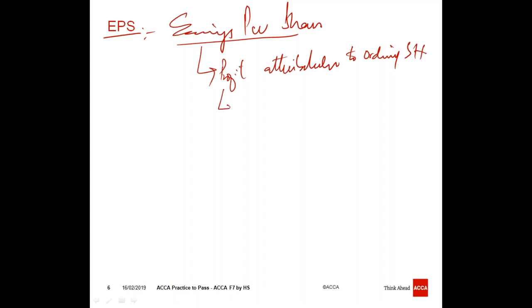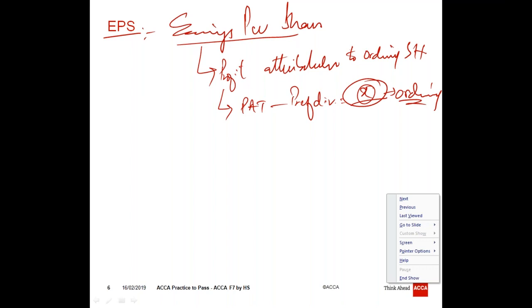And the profit attributable to ordinary shareholders means profit after tax minus preference dividend. So after deducting the preference dividend, the whole of the profit which is left over will be the profit for the ordinary shareholders. This portion of the excess profit is technically called earnings.